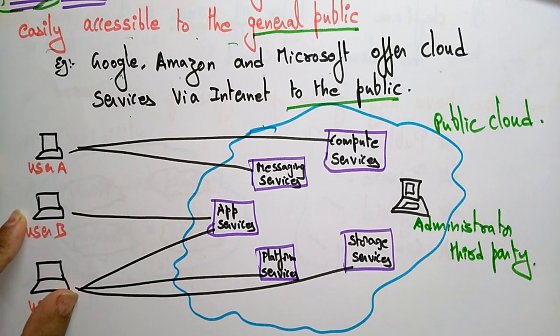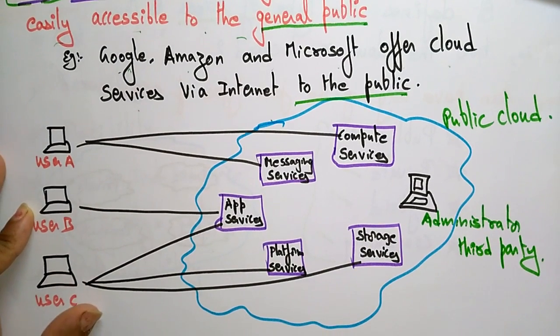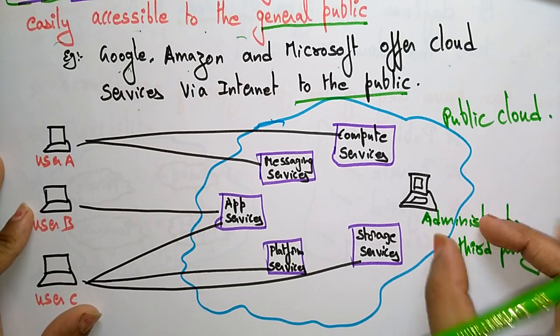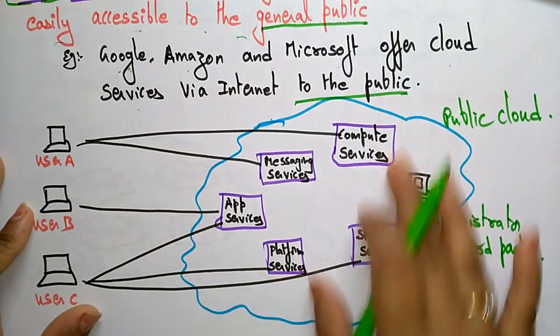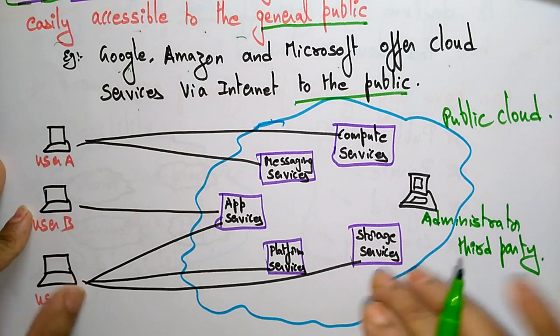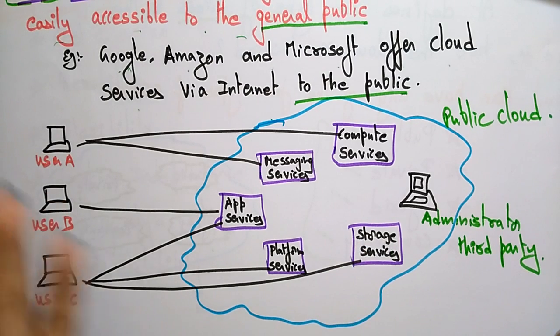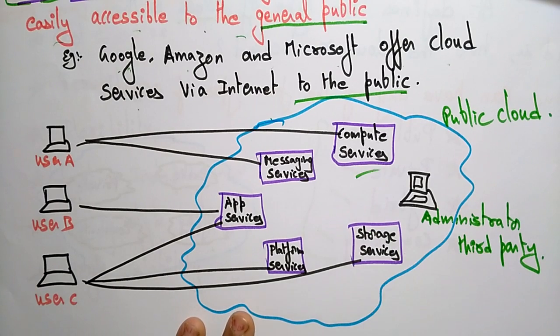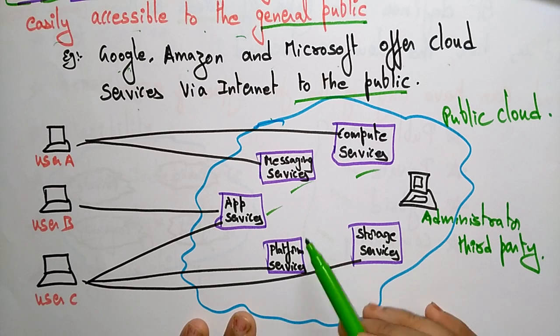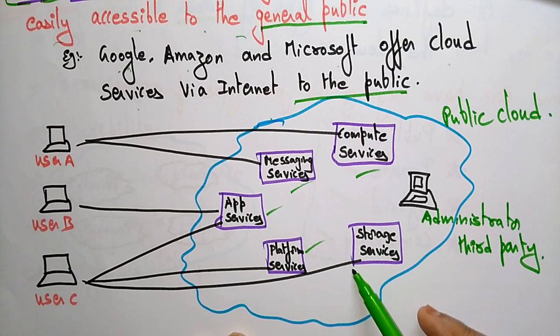The different organizations appoint one third party person, the administrator, who monitors all this public information. So what type of data can users access from the public cloud? Compute services, messaging services, apps, application services, platform services, storage services, everything they can access, whoever wants.